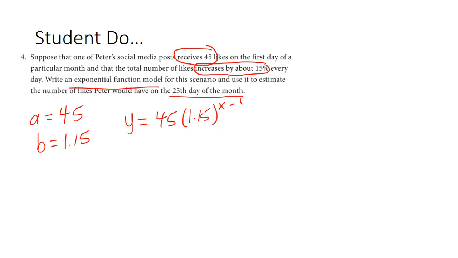It's going to be x minus 1. If you don't remember that, that's why you write the equation like that, because it forces you to remember to subtract that day. Does that make sense? It's like, okay, here's my reminder that I do not count the day that I started. Okay. So when we do it, y equals 45.